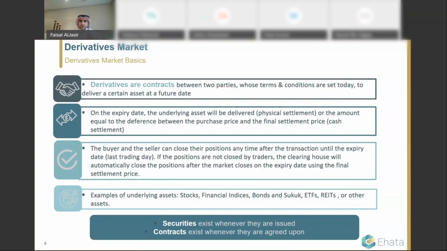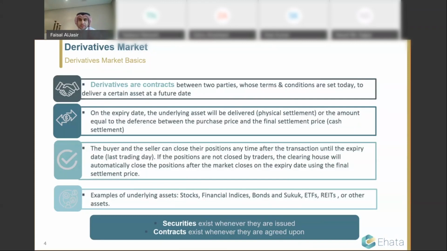On the expiry date, the underlying asset will either be delivered as a physical settlement, where you will accept delivery of the underlying, or it will be a cash settlement, which is the price differential between the price at which the underlying was bought and the settlement price at maturity.